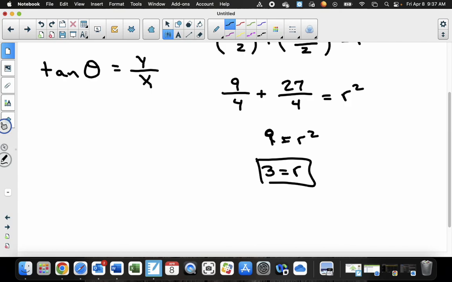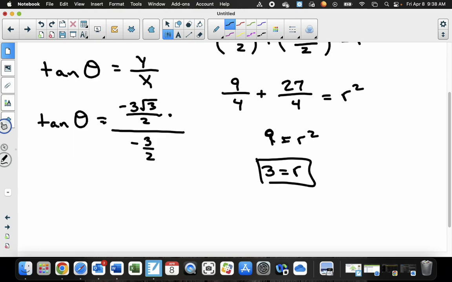So if we take that, tangent of theta equals negative 3 square root of 3 over 2, divided by negative 3/2. How do I simplify that down a little bit? That's too messy. Multiply by the reciprocal. Rather than divide by that fraction, multiply by the reciprocal. The good news is almost everything cancels out.